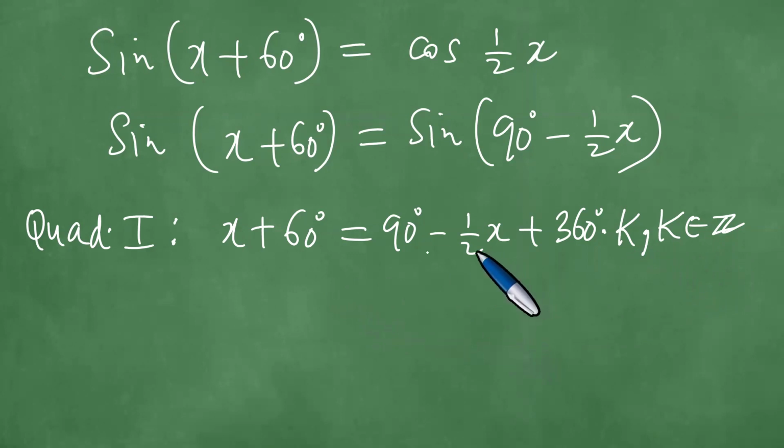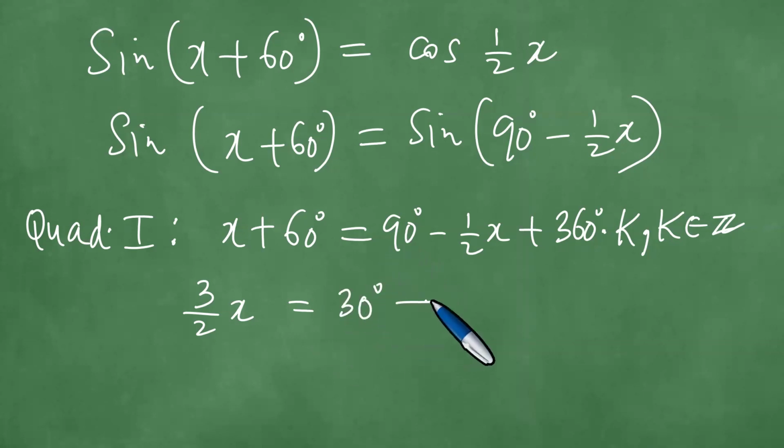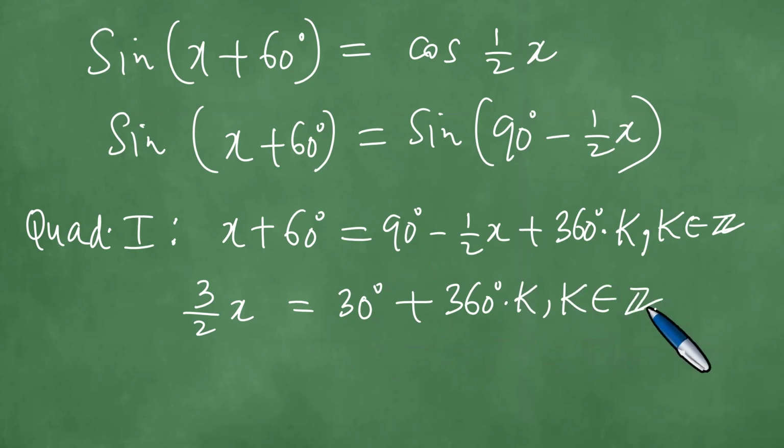And therefore, now you bring the -1/2 x to the other side, giving us 3 over 2 x, which equals the 90 minus 60, which is 30, plus 360 k, k in Z. And we proceed to simplify these and divide or multiply by the reciprocal of this particular expression.